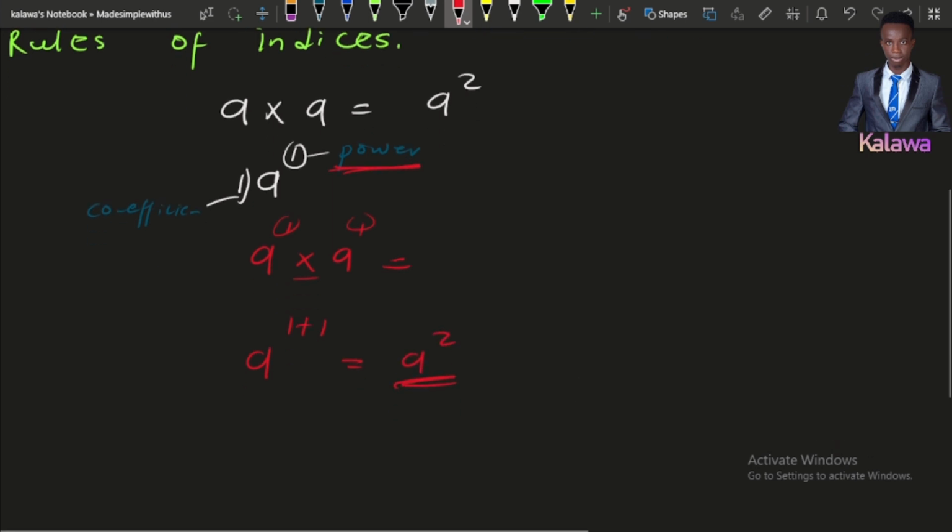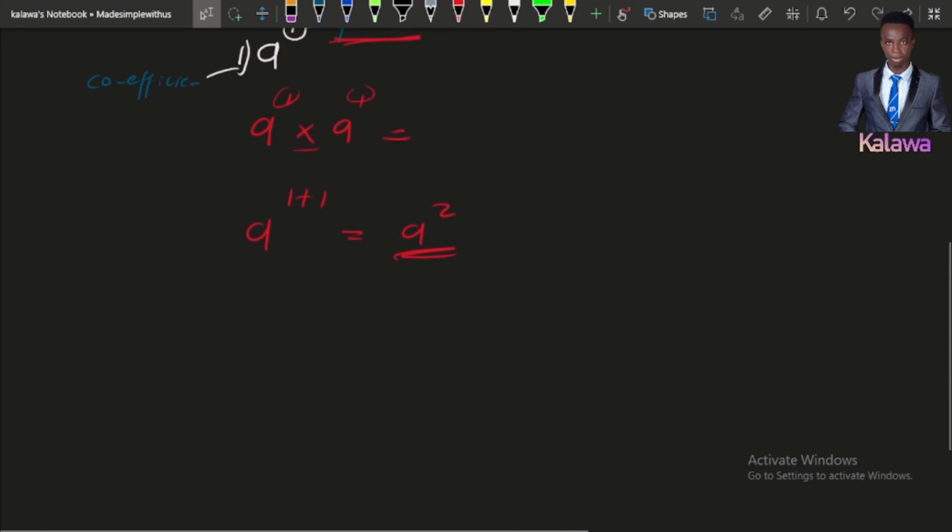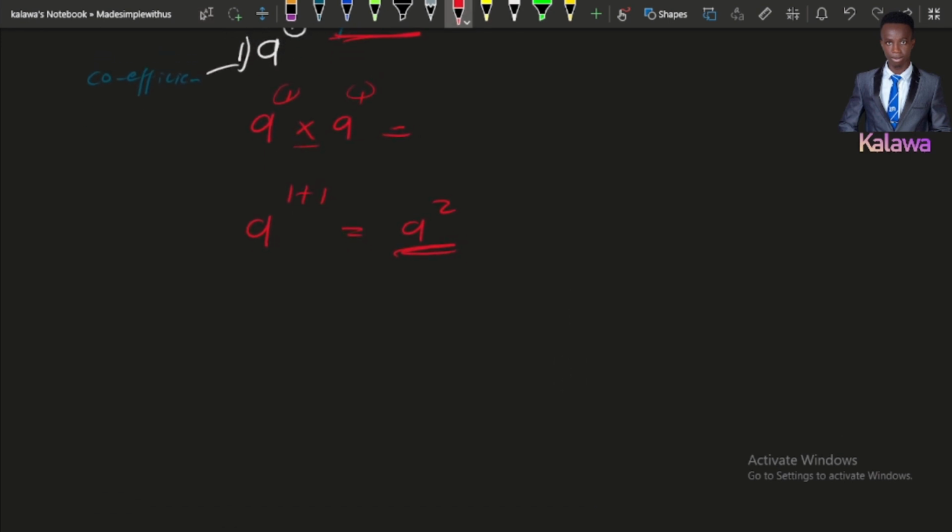Are we getting it? Let's also move to division. For the division side, let's say we have x cubed divided by x square.